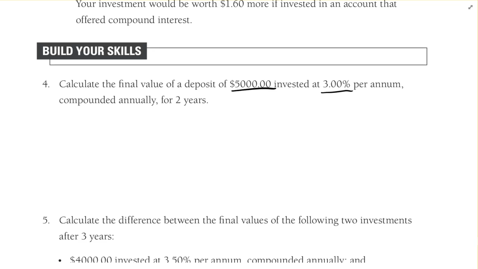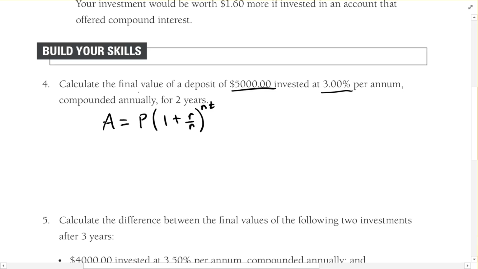So what I'm going to do is write down my formula just to make sure I have everything I need. A is equal to P times (1 plus R over N) to the power of N times T. And I'll show you how to put this all in your calculator. I know it might look a little confusing right now, but it's not too bad.